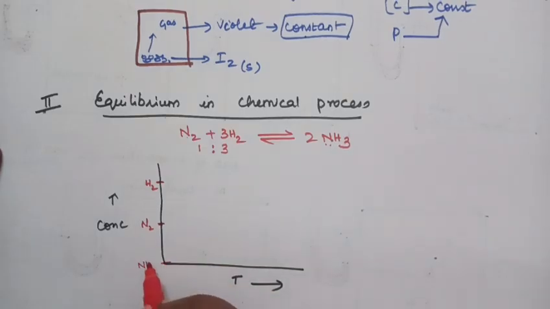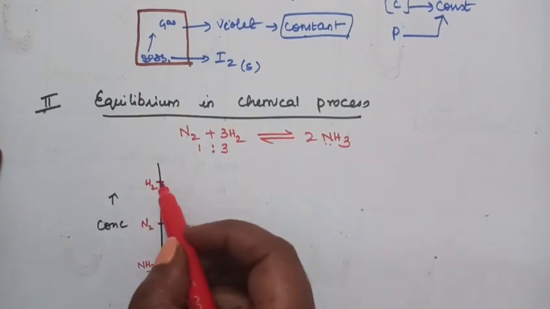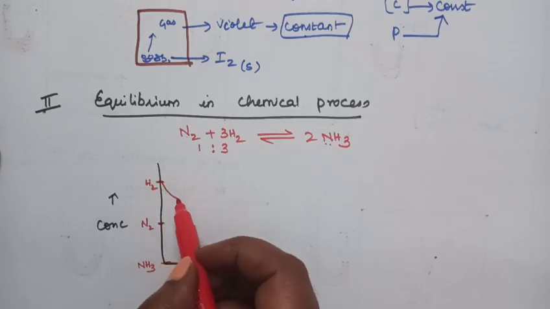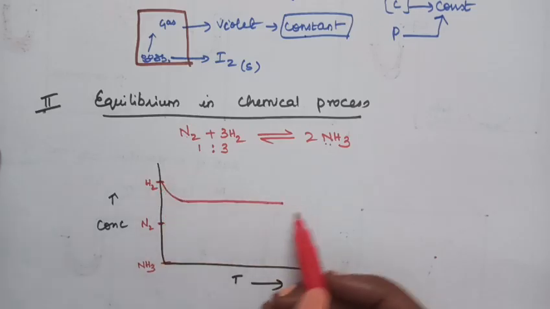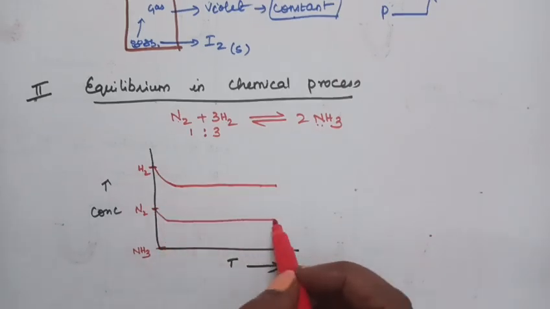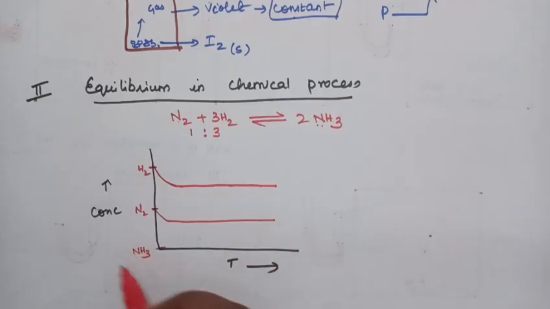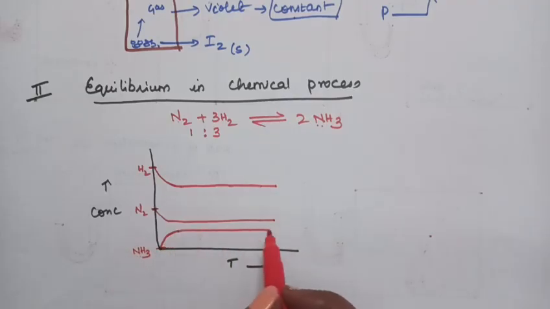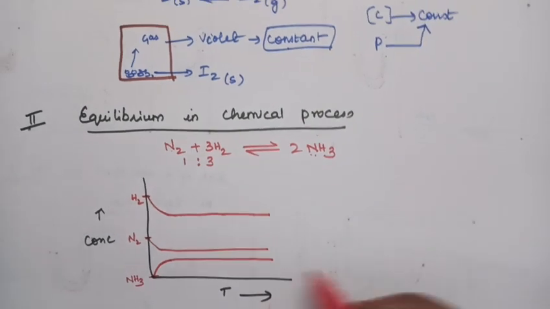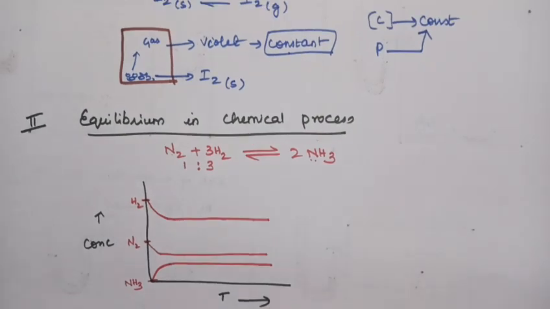This is ammonia. The concentration of the reactants will slowly decrease and then become constant. Product concentration will increase slowly and then become constant. So this is the representation of equilibrium in a chemical process.